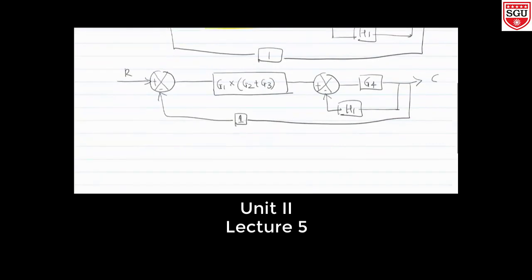Then what can we do next? I will draw, you tell. What will be the next step? Which block can we eliminate? Which block can we combine now? Tell fast.